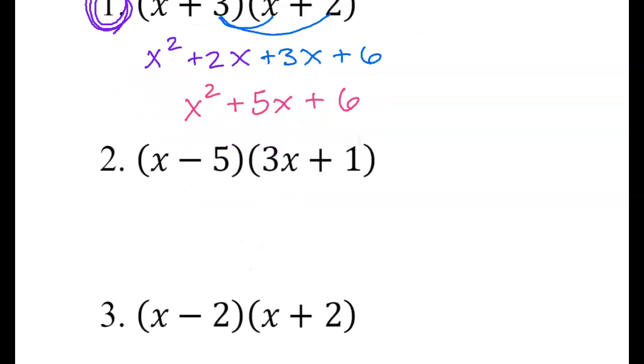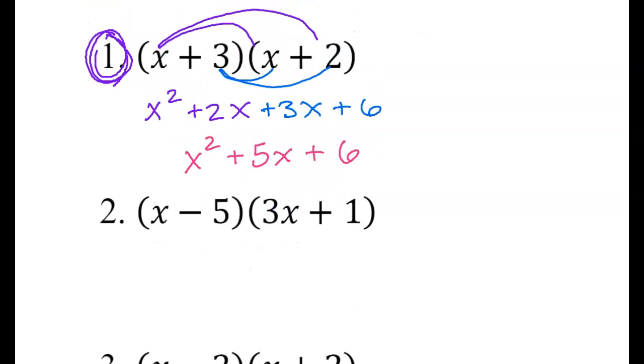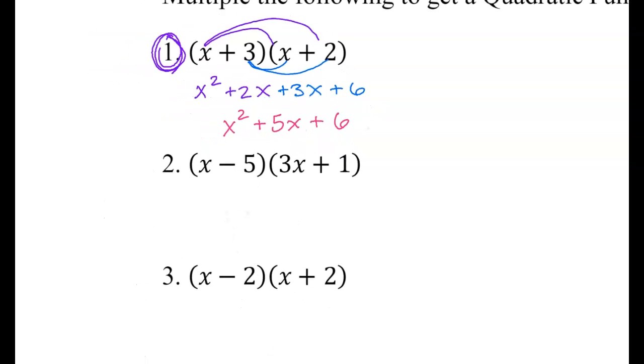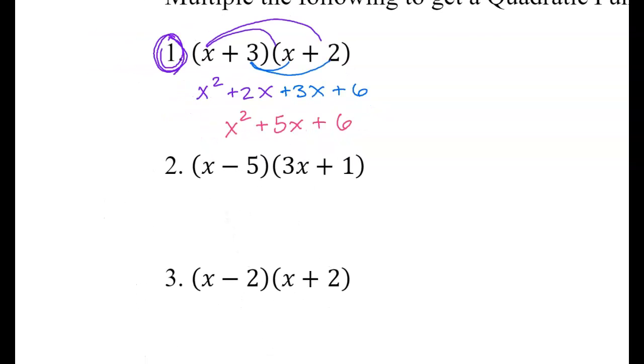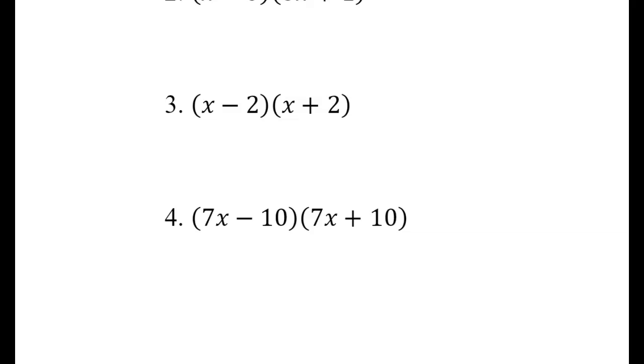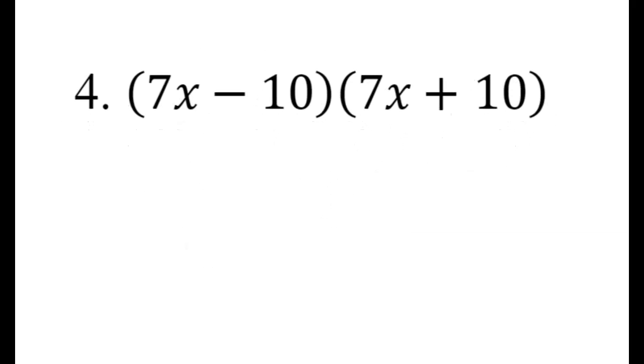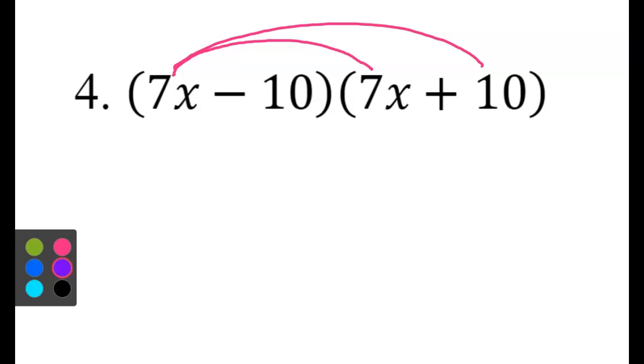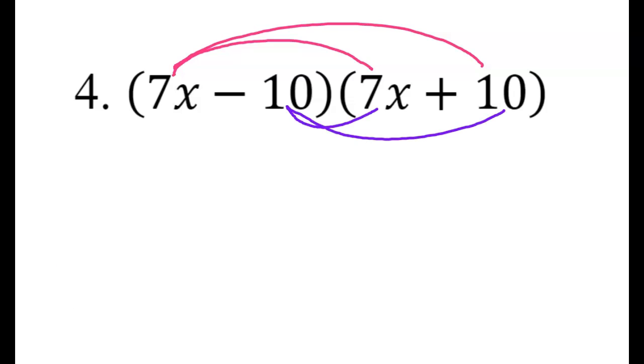All right, I don't think that I really need to show you 2 and 3. Hopefully, at this point in your math career, you know how to multiply binomials. I will show you number 4 when it gets just a little tricky, just because the numbers are bigger. That's the only difference. So again, we multiply the first term times both terms in the second binomial, and then you multiply the second term times both terms.